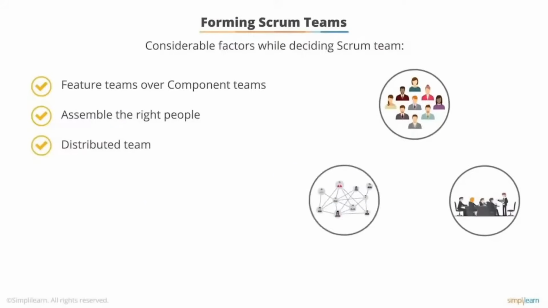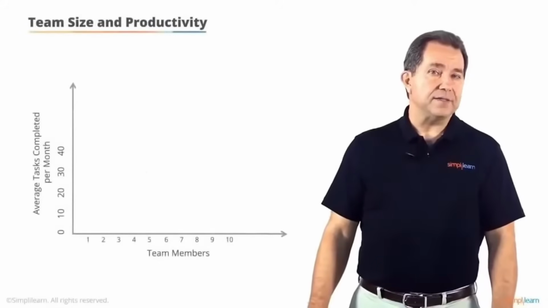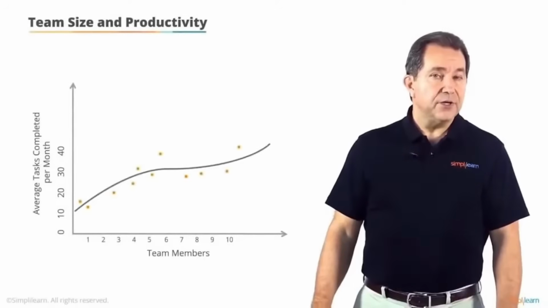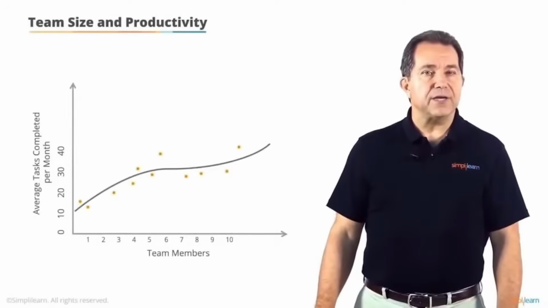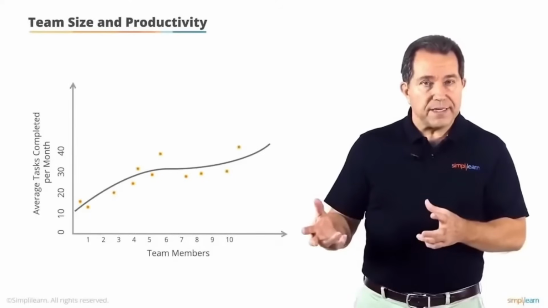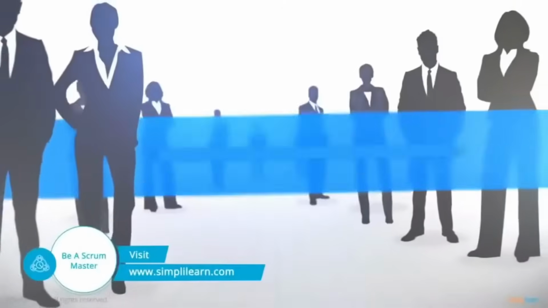And technology, processes, and ground rules should be put in place to overcome the disadvantages of all team members not being co-located. Plotting team size and productivity will likely result in an S-curve. You can see here that a team can actually be too small or too large. Remember, the sweet spot is 6 plus or minus 3.